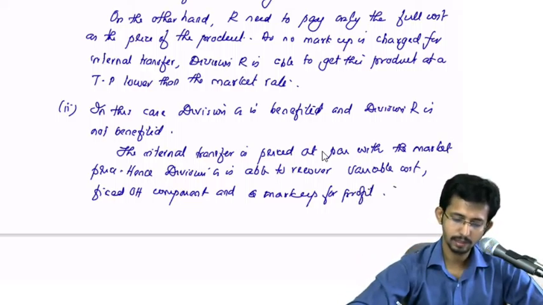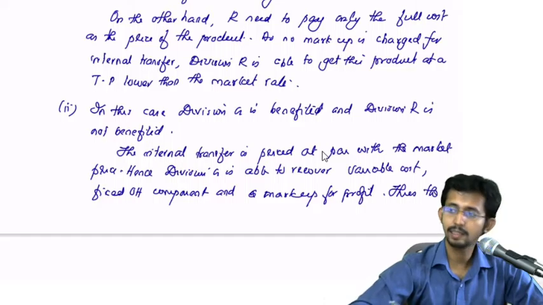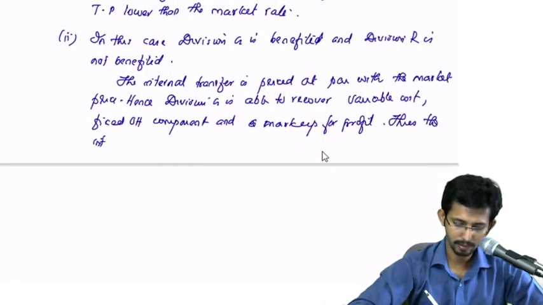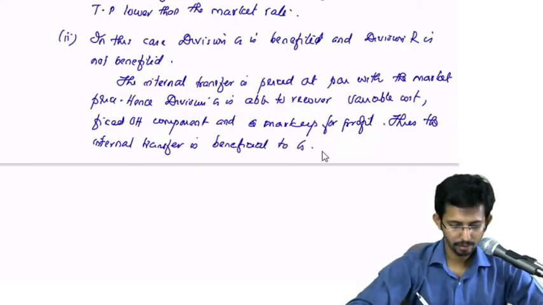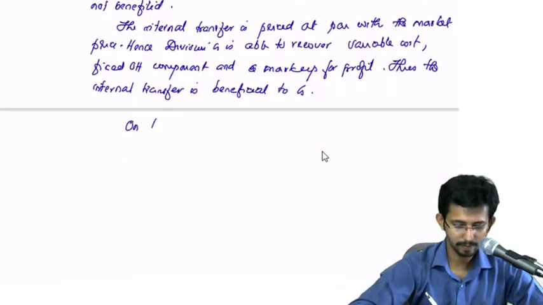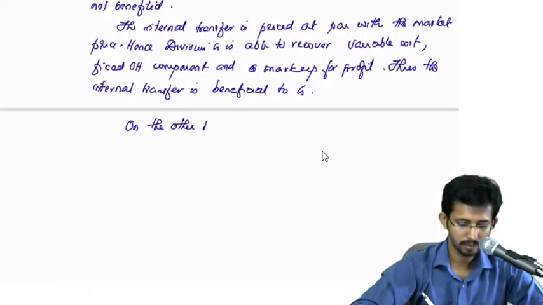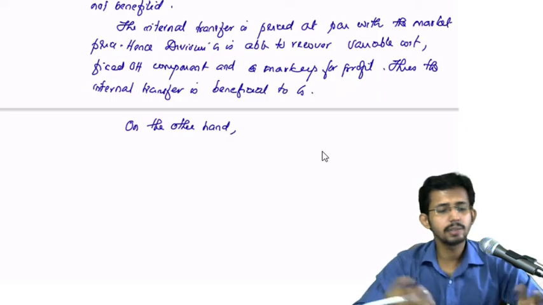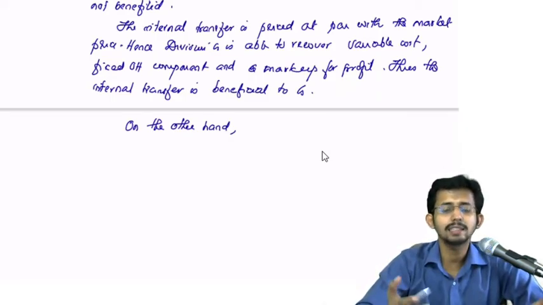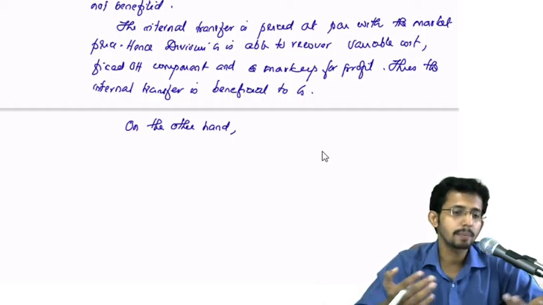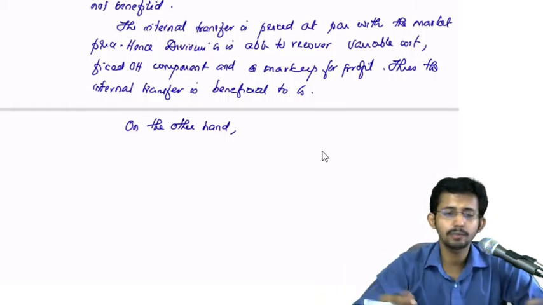Thus the internal transfer is beneficial to G. On the other hand, what happened to division R? Division R is indifferent because it is getting this product at the same rate as it is available in the market. So either purchase it from G or you go and get it from the market.